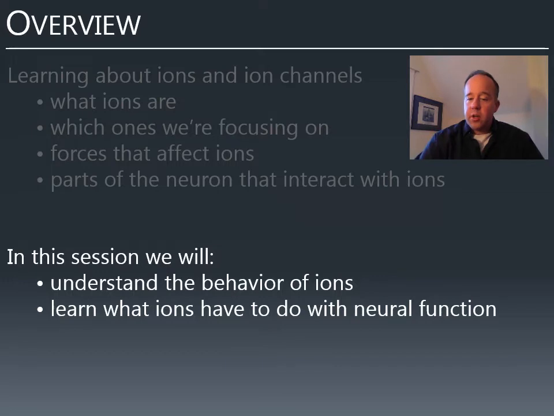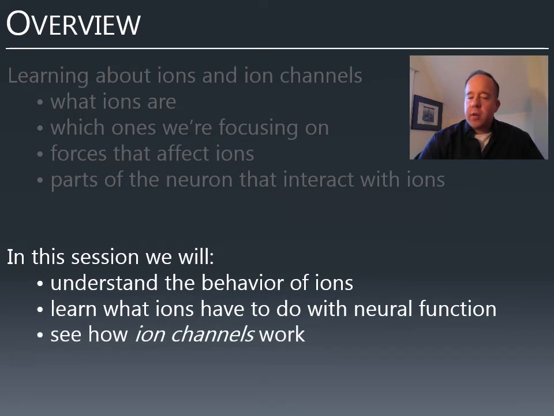So neural function, neural activity, consists of electrical current. And electrical current, electrical signaling, means that ions are moving around. And so instead of just using sort of the blanket phrase, electrical signaling, which may be a bit vague, we're going to talk about ions and what those ions are doing and why that comprises electrical current, electrical signaling.